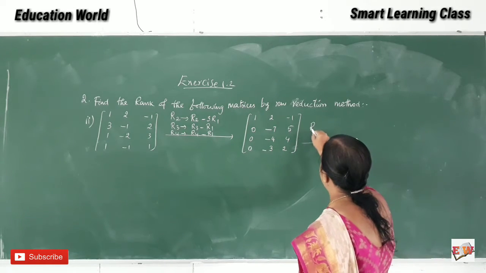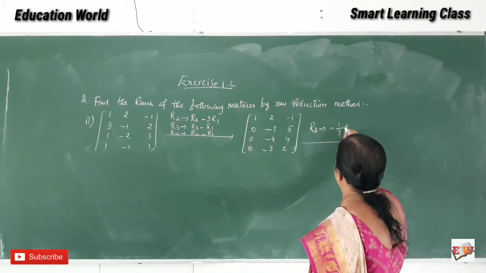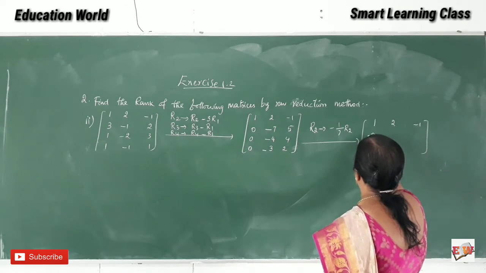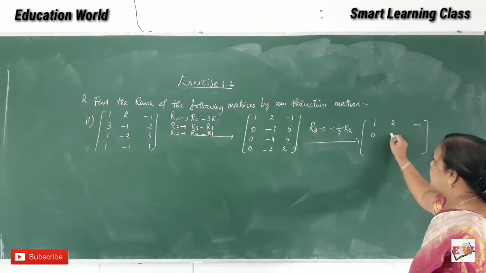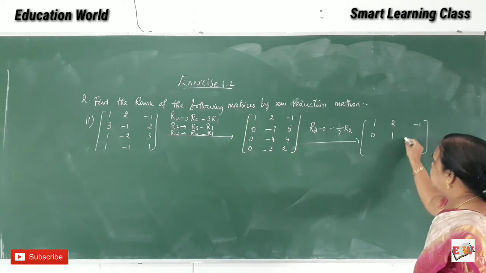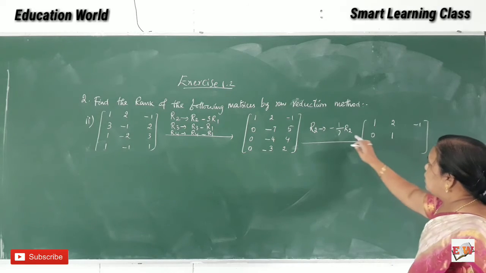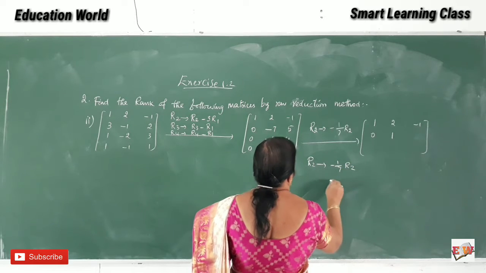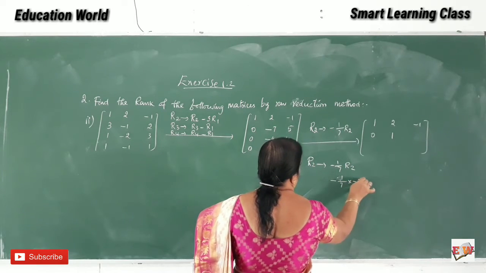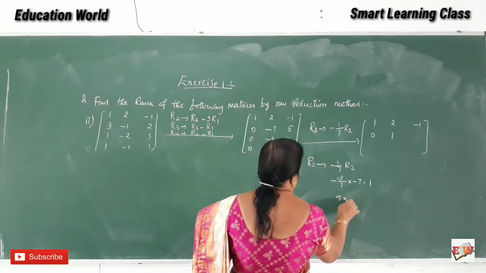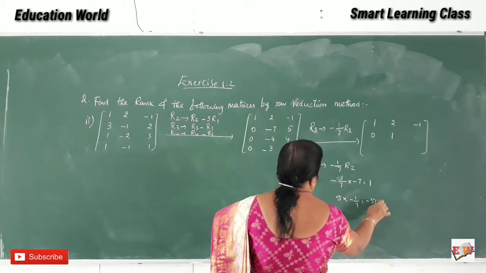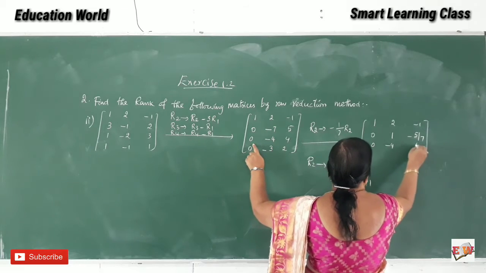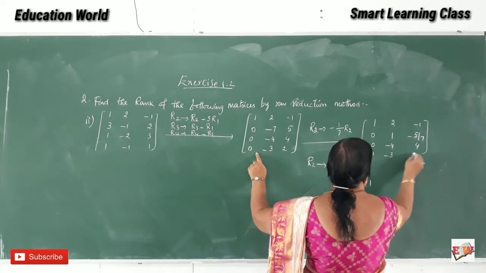Okay, now I am going to multiply this R2 by 1 by 7. 1, 2, minus 1, 0, see, minus into minus plus, here 1, here minus 1 by 7 into minus 7 equal to 1. 5 into minus 1 by 7 equal to minus 5 by 7. 0, minus 4, 4, 0, minus 3, 2.